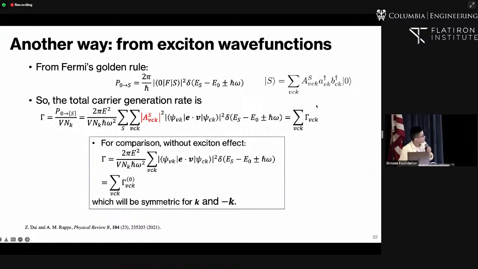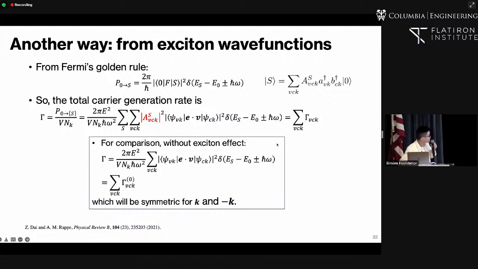And if you express the exciton state in the basis of the transition space, then you can slightly rewrite this expression, and you can see that you can still decompose the carrier generation rate into each k point and electron-hole pair.